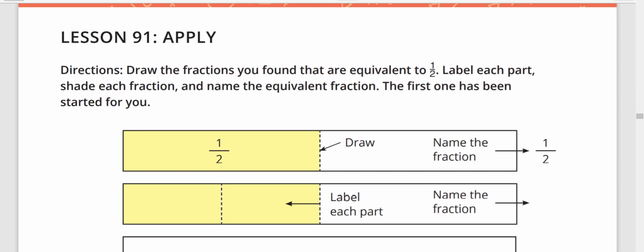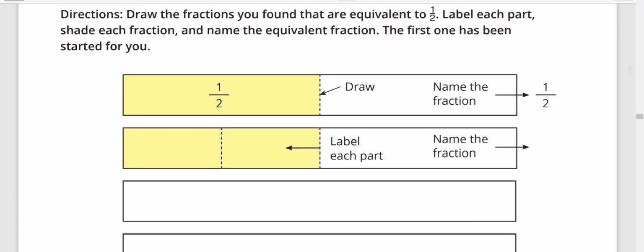Open your book, page number 112. Lesson 91, apply. Directions. Draw the fractions you found that are equivalent to half. Label each part, shade each fraction, and name the equivalent fraction. The first one has been started for you.